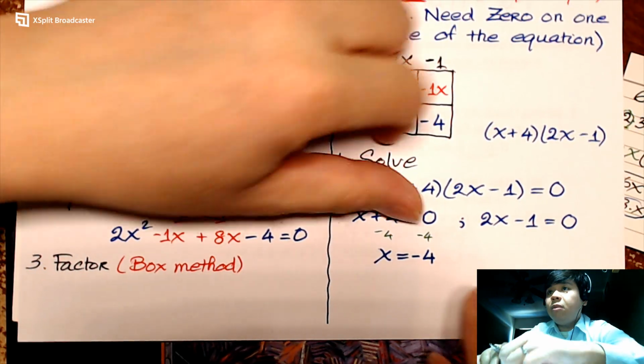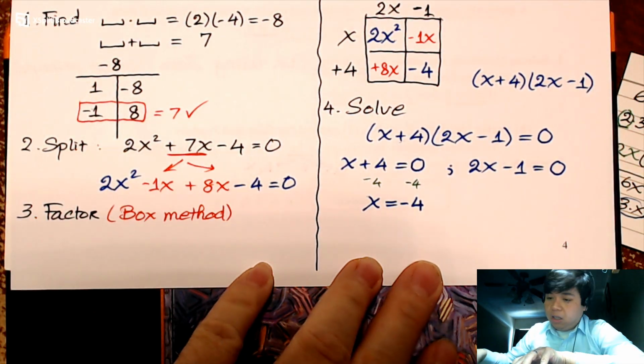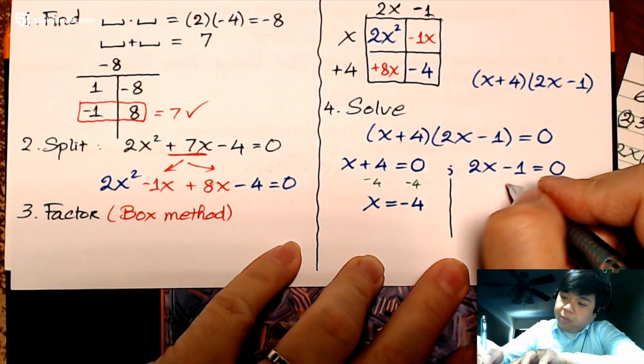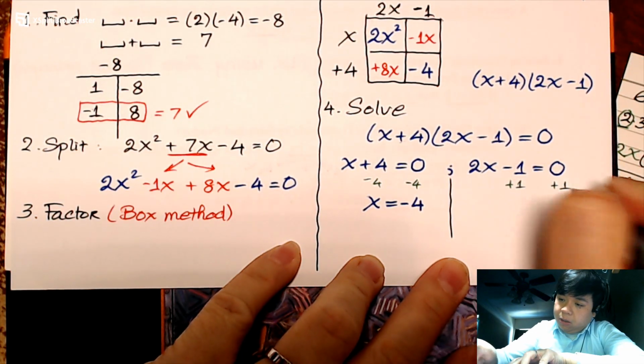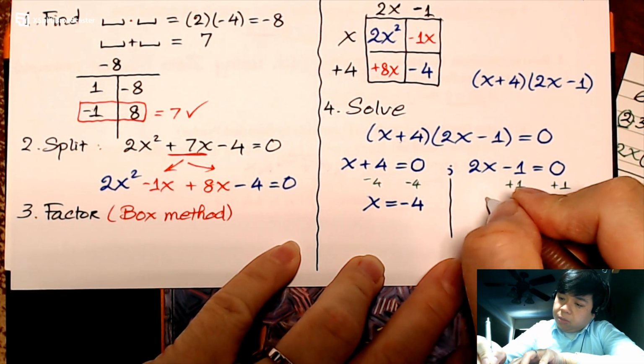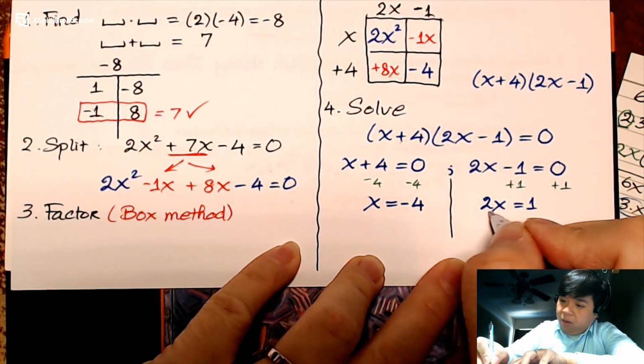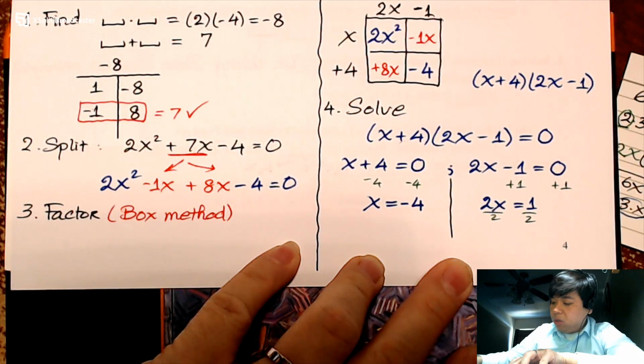Okay, and then the other side, 2x equal to 1, and divide by 2 on both sides.